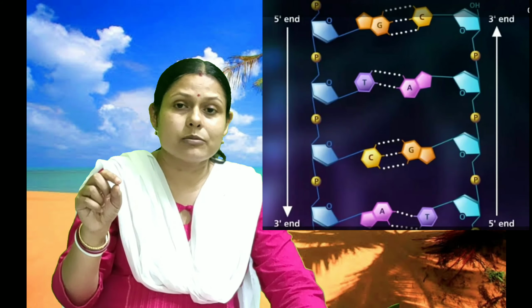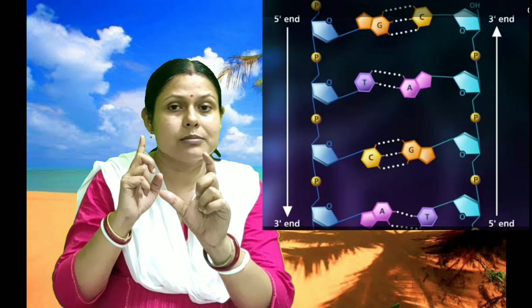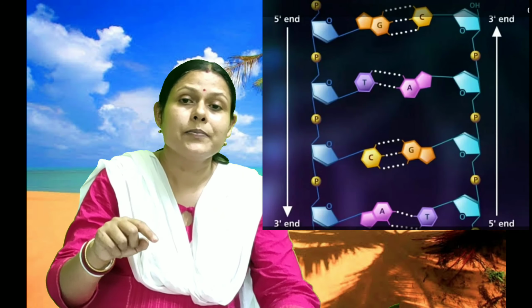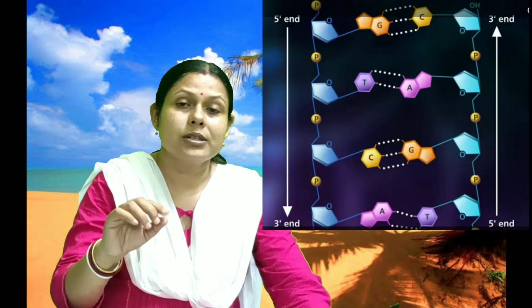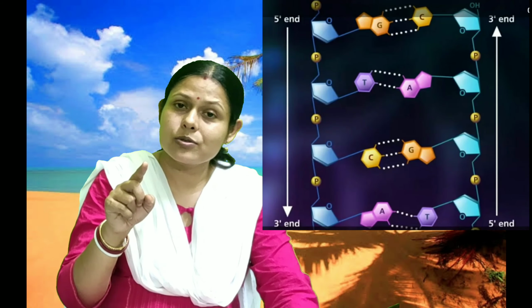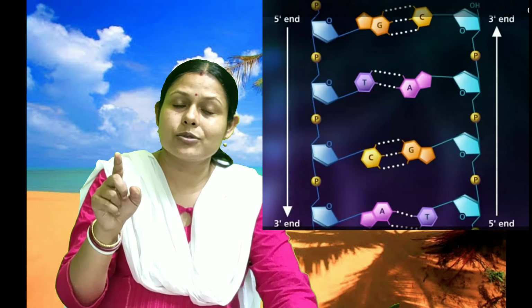Since a single nucleotide has one 3' hydroxyl group, the 5th carbon of the pentose sugar also has one hydroxyl group, and with that also there will be an association of the phosphate.